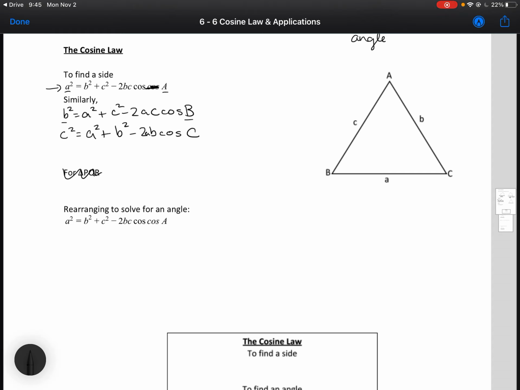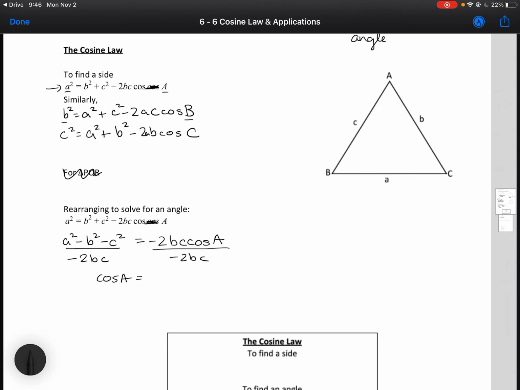We can also rearrange that to solve for an angle. A squared minus b squared minus c squared is equal to minus 2bc cosine angle A. Then we're going to divide both sides by minus 2bc.